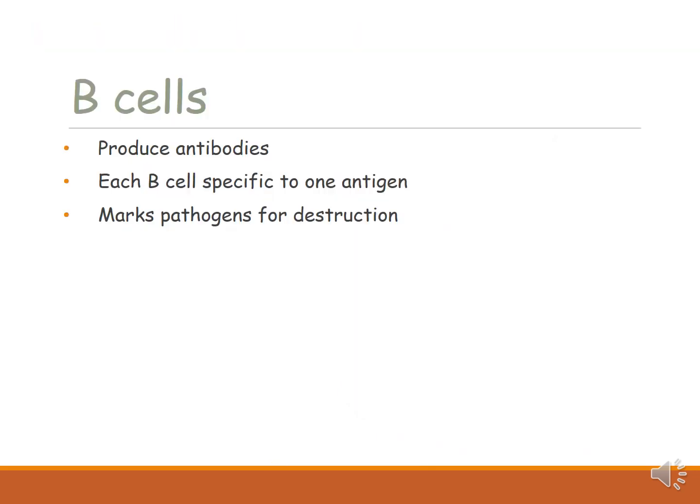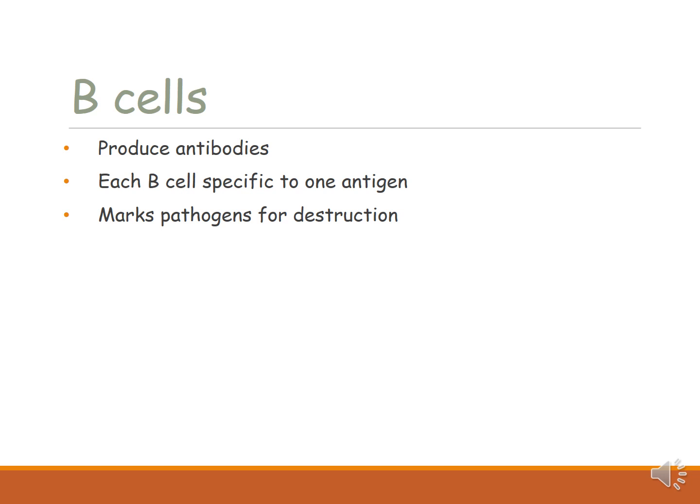B cells mature in your bone marrow, but the easiest way to remember the difference between B cells and T cells is B cells produce antibodies. Each B cell is specific to one antigen. An antigen is any unique surface marker that, for instance, is found on the surface of a pathogen.